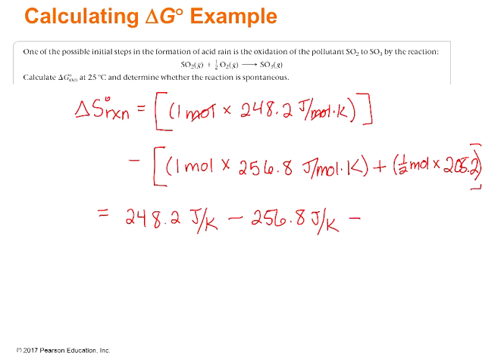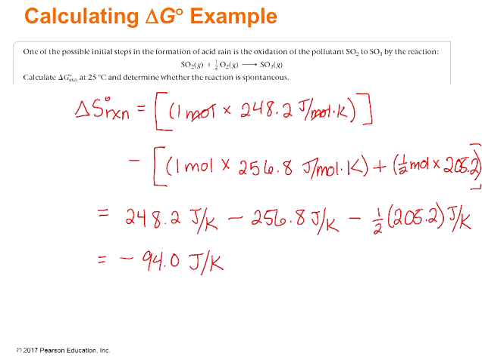And then we're also subtracting 1/2 of 205.2 joules per Kelvin. Okay, so if we plug that all into our calculator, we should end up with a value of negative 94.0 joules per Kelvin.